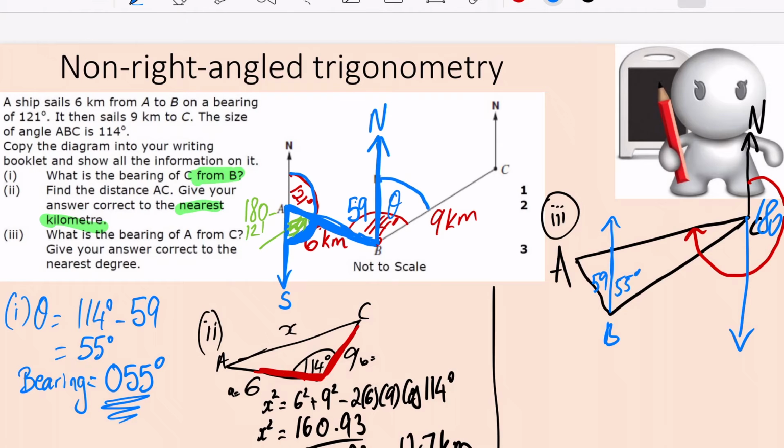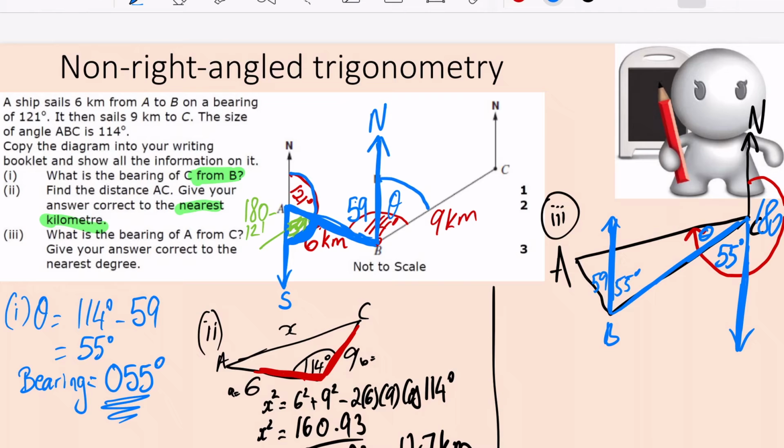Now, once again, using my knowledge of alternate angles, let's see if we can form a Z. So this line, and now go down this line. There's my Z, there's my alternate angle. So this angle here is 55 degrees. So what I'm actually after is the angle inside this triangle. Because once I find this angle inside the triangle, I'm going to add 180 and 55 degrees, and I will have my bearing.